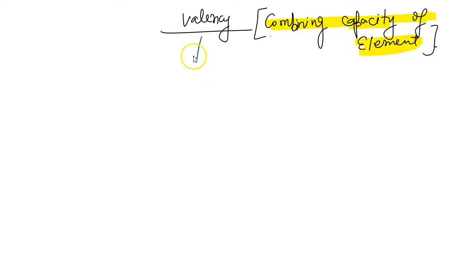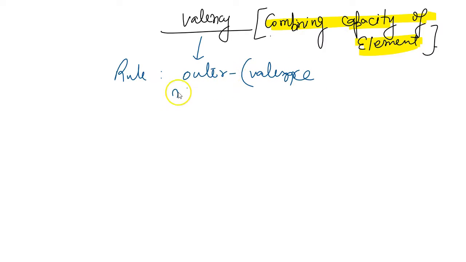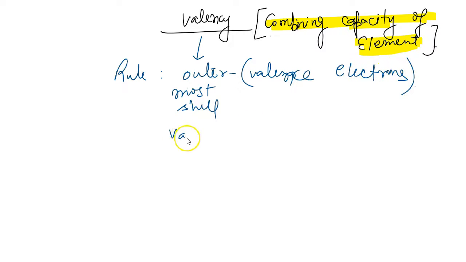For that we have a rule. The rule is that just check the outer valence electrons. Of course, valence electrons are the electrons lying in the outermost shell. So in the outermost shell, whatever electrons are lying, those are called valence electrons. Or you can say the electrons present in the valence shell. Valence shell means we are talking about the outermost shell.